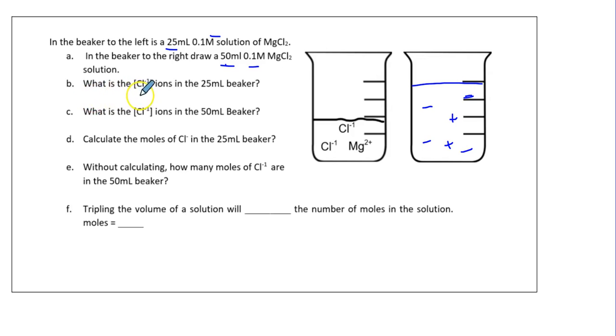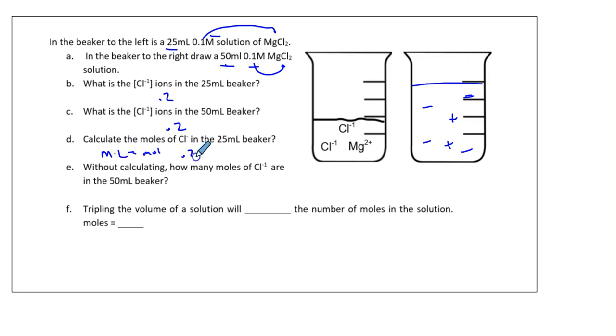What is the concentration of the chloride ions in a 25 milliliter beaker? Well, chloride would be 0.1 times 2, which is 0.2. The chloride ions in the 50 milliliter beaker, that's still 0.2, 0.1 times 2. Look at the moles of chloride ions in the 25 milliliter beaker. That'd be molarity times liters equals moles.